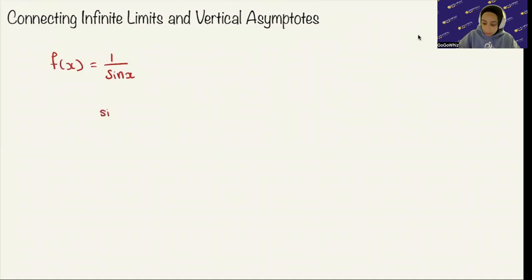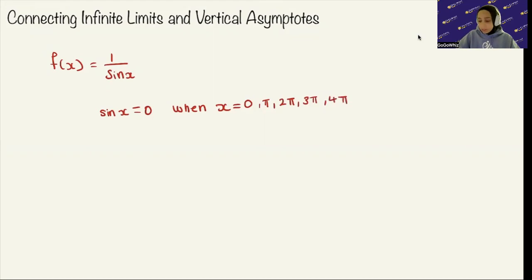Sine x is equal to 0 when x is equal to 0, and then it happens again at pi, again at 2 pi, again at 3 pi, 4 pi, and so on.